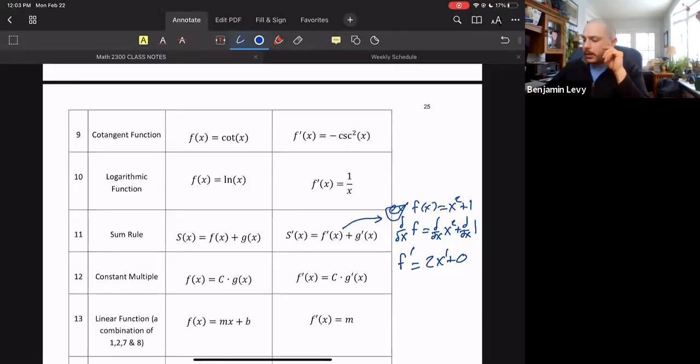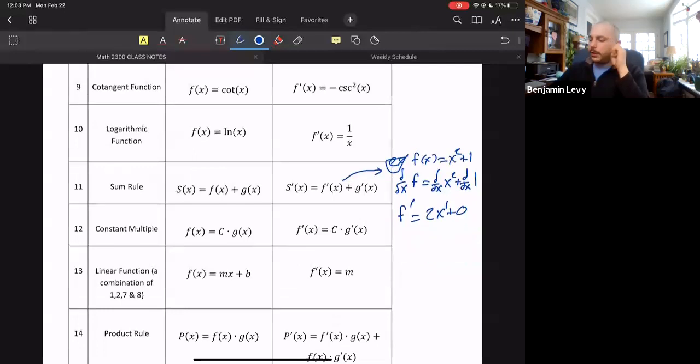Maybe we should talk about the linear function one too, because that's an application of both these things. Let's pretend we had f of x is, I don't know, 2x plus 8. It's a straight line with slope of 2. What this says is the derivative is 2, right?